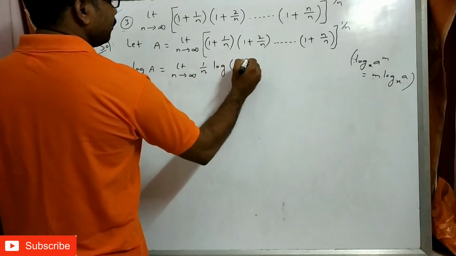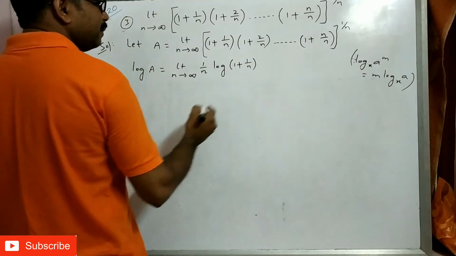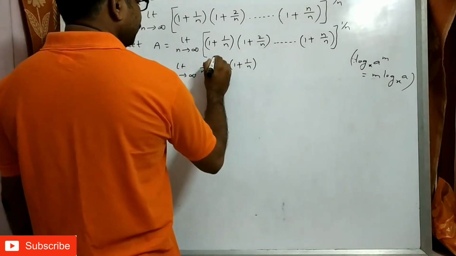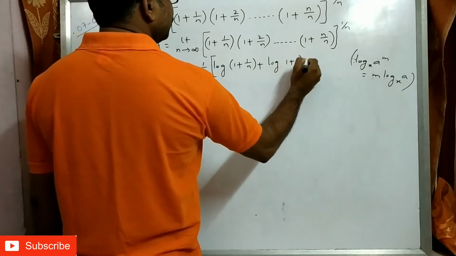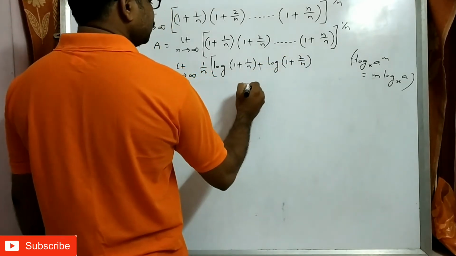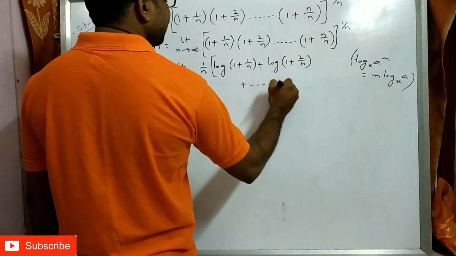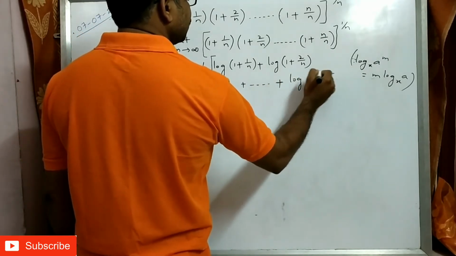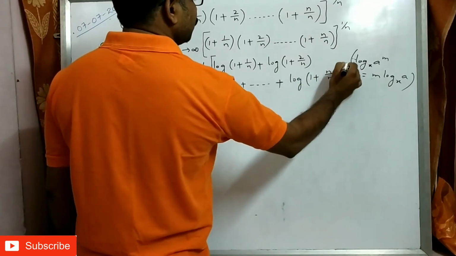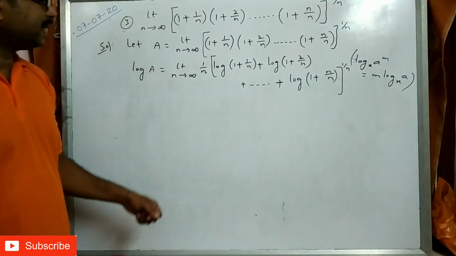So the power becomes a product: 1 by n times log of (1 plus 1 by n) plus log of (1 plus 2 by n) plus so on plus log of (1 plus n by n). How did I write that step?